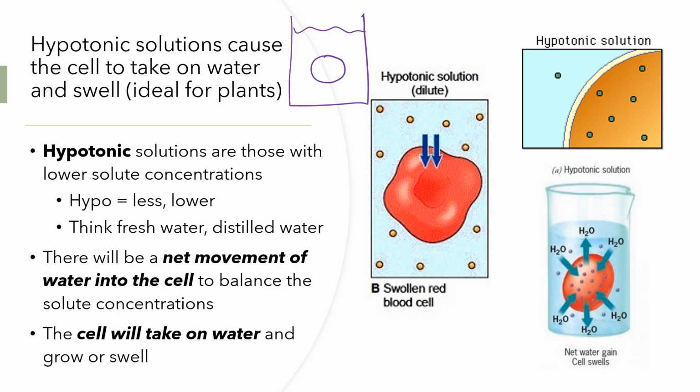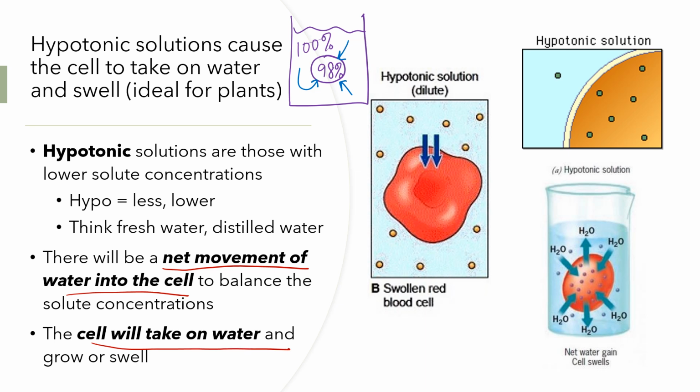Let's say that this cell is 98% water, 2% stuff, and we drop it into 100% distilled water. Now there's more water outside compared to inside, so that water is going to move into the cell from the environment. As a result, there's going to be a net movement of water into the cell.